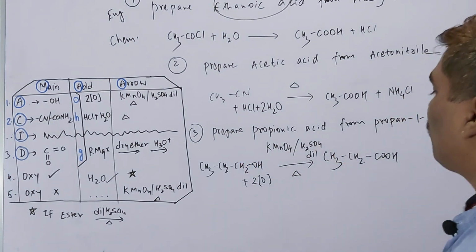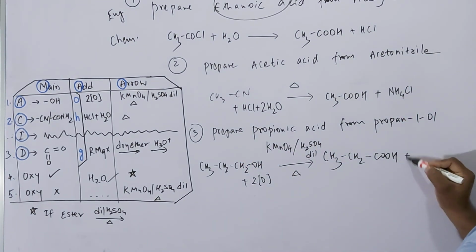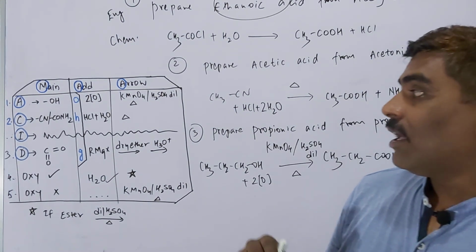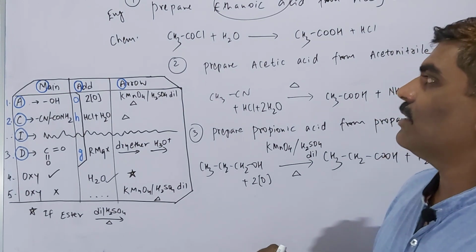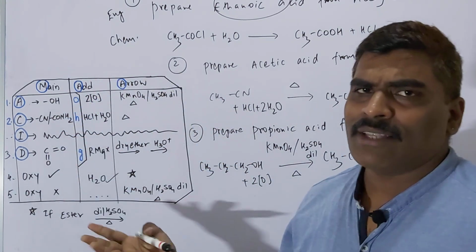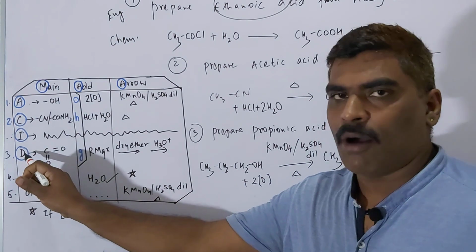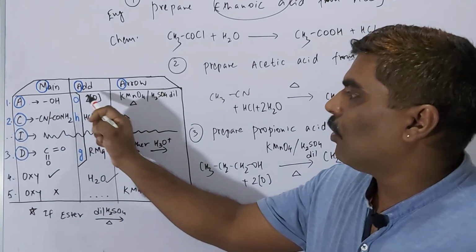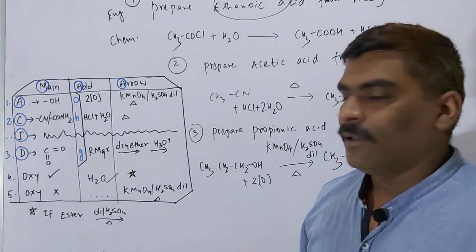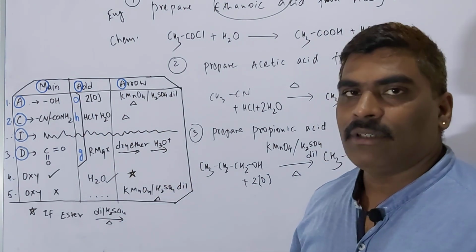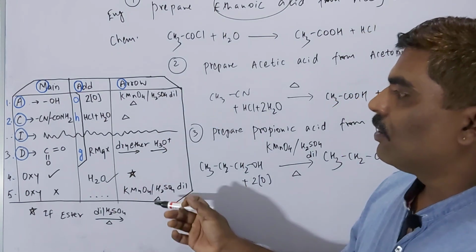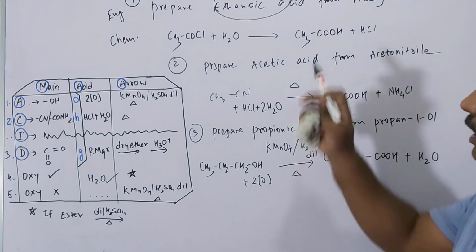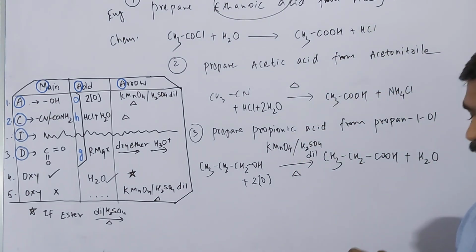Now if you see the left and right side, the extra thing on the left side is water. So what I want to tell you all here is, if you are done with this, it becomes very simple, very easy to write the reaction as you saw here.